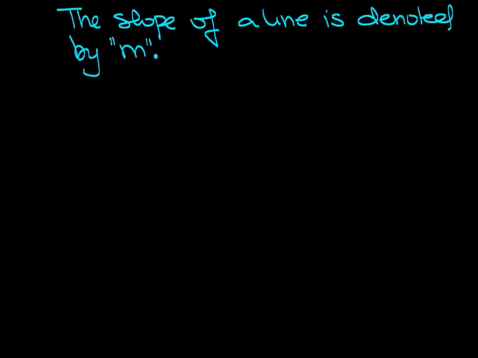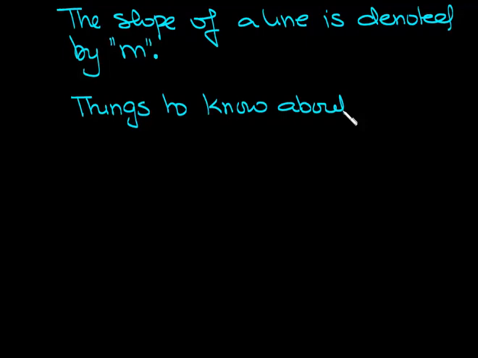Let me talk to you about some things to note about the slopes. Slope is a very important concept, and it's very important that you know all the different things about the slope. Because you're going to use this a lot, especially if you move on and go to calculus and things like that. You'll need the idea of slope. So let's start with the first one.